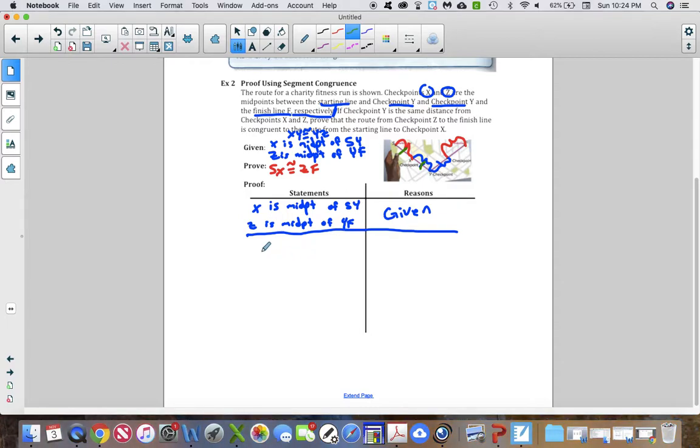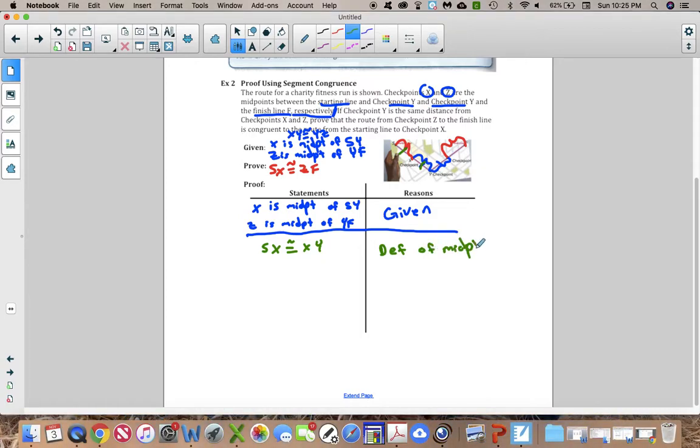I know that SX is congruent to XY, and I know that because of the definition of midpoint.